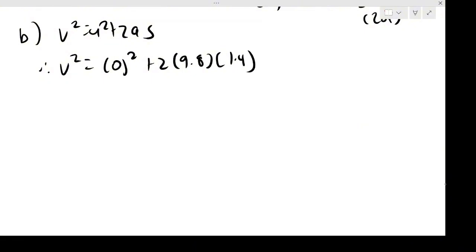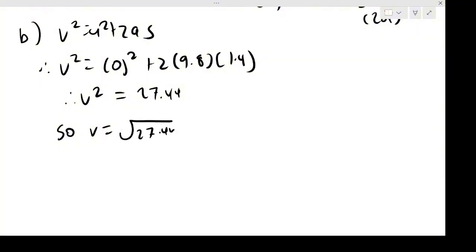Okay, therefore if I simplify this, I get V squared to be 27.44. And lastly, if I square root that, that's going to get me 5.24 meters per second to two decimal places.